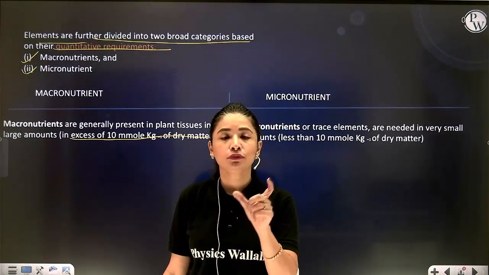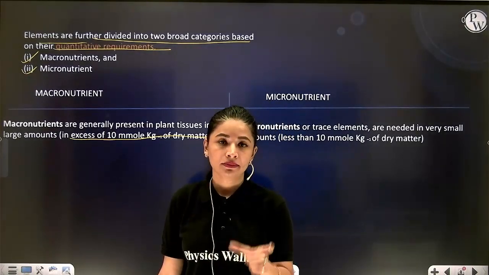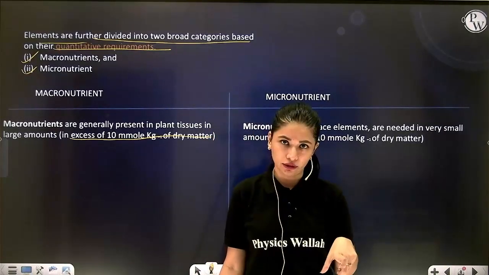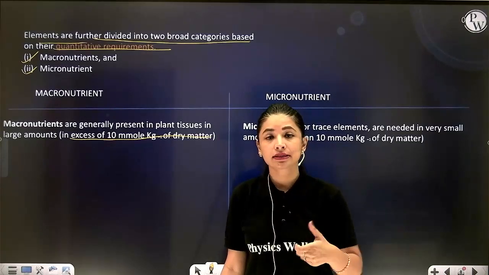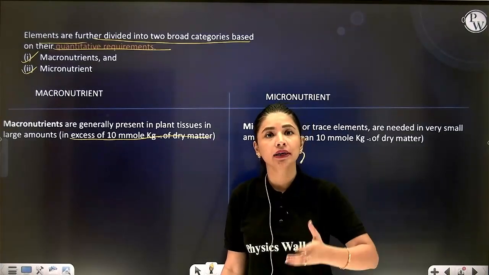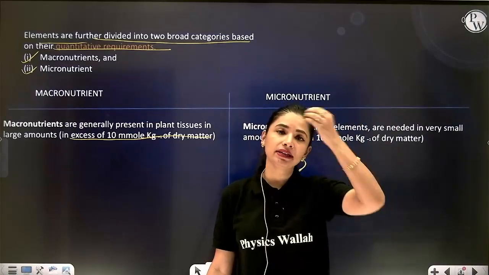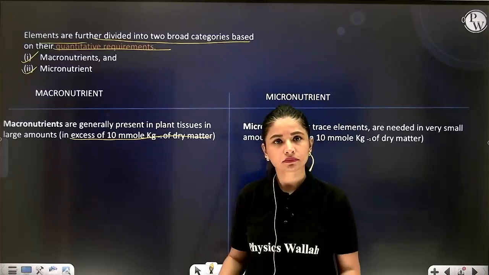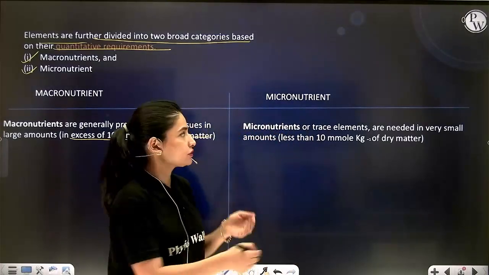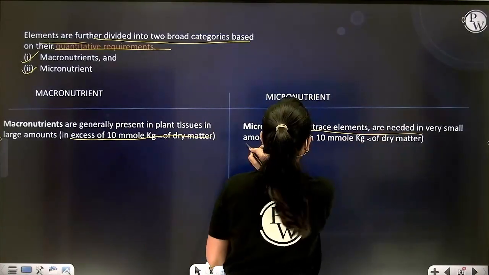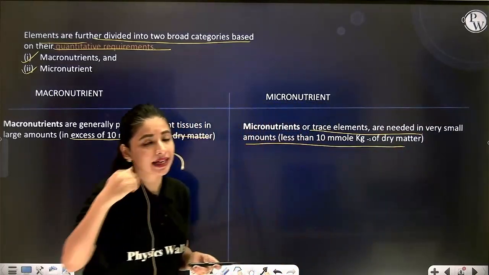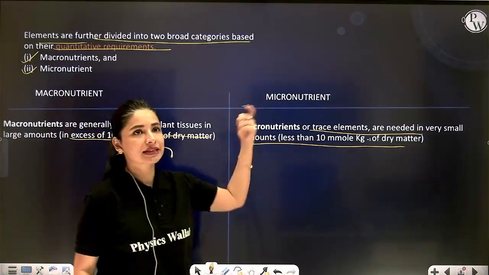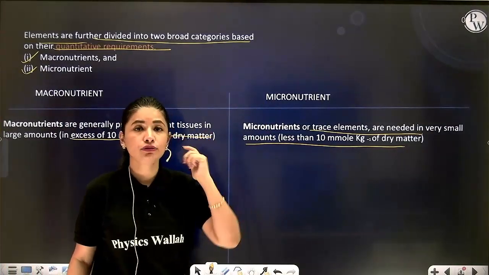This 10 millimole per kg is a parameter that decides which element is macro and which is micro. If the quantity of any element required is more than 10 millimole per kg, then that is considered macro. And the element which is required in less than 10 millimole per kg of dry matter is considered a micronutrient.